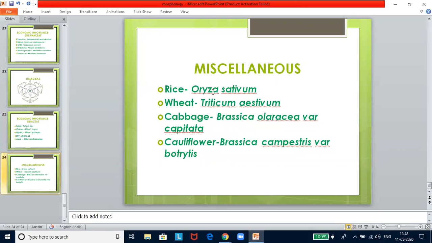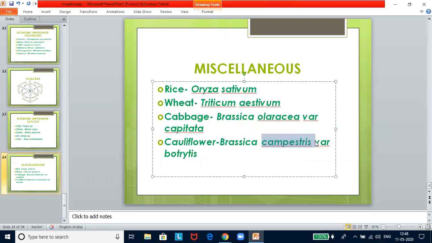Rice, the Oryza sativa is the botanical name. Wheat, it is Triticum aestivum. Cabbage, Brassica oleracea, variety capitata. Again, this is Brassica oleracea, variety botrytis. So these are the things which you have to know. Cabbage and cauliflower, it is very important.